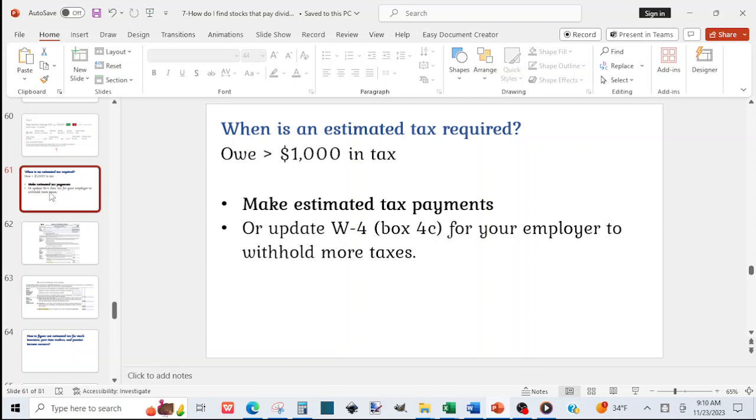First, for you to be paying tax on your dividend income, that means you are trading stocks in a taxable brokerage account, not in a Roth IRA.